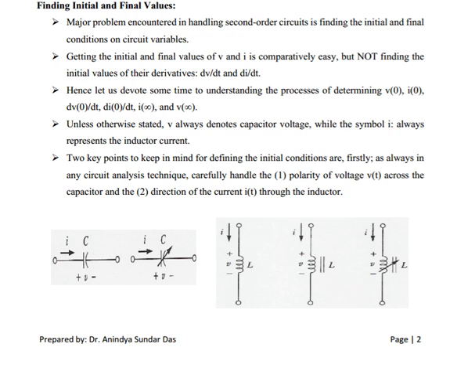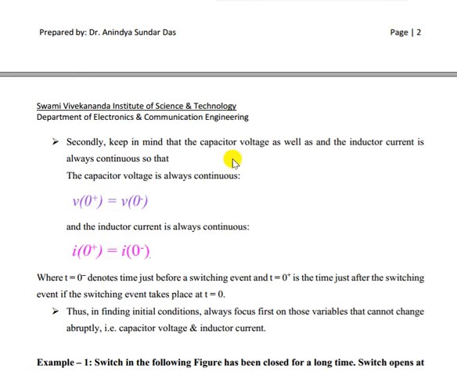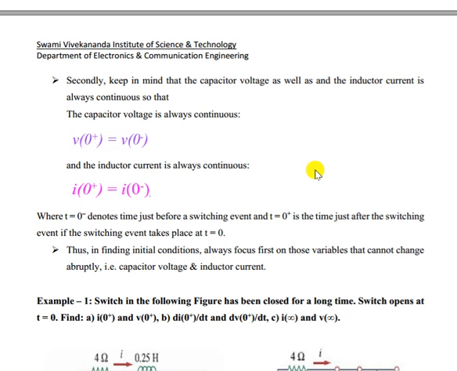So unless it is stated, v always denotes the capacitor voltage while i always denotes the inductor current, and in that case you have to take care of the polarity. So capacitor plus minus, so current will flow from plus to minus, that you always have to take care of. Now secondly, one thing you have to always keep in mind is that capacitor voltage and inductor current are always continuous, and cannot change abruptly or instantaneously.